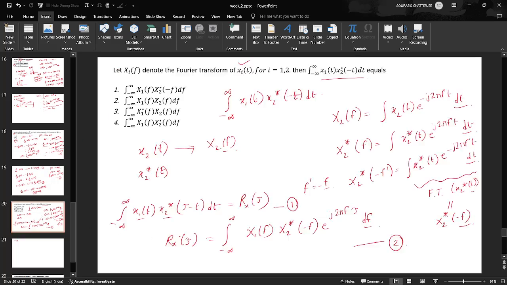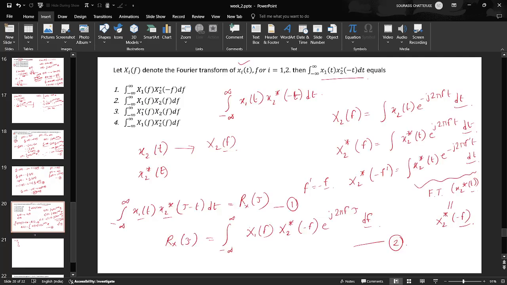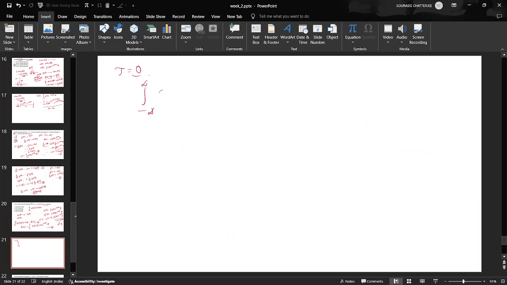When you set tau equal to 0, here you are left with the integral from minus infinity to infinity of x1(t) x2 star(minus t) dt.